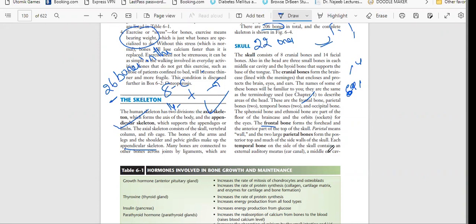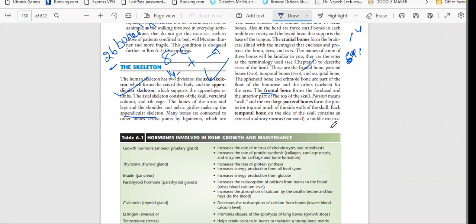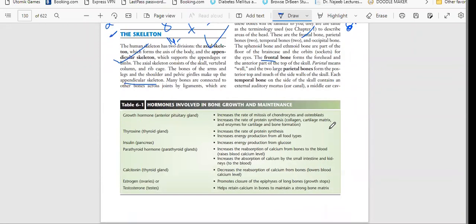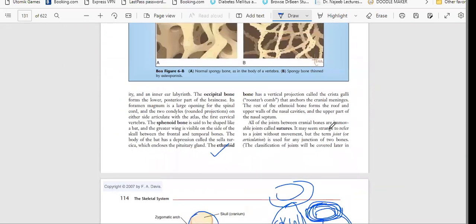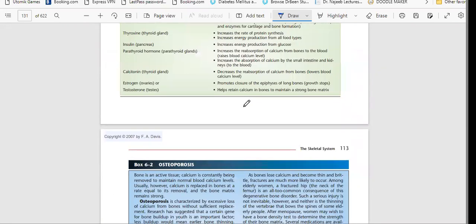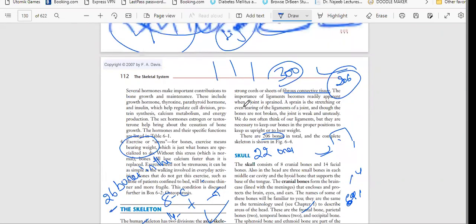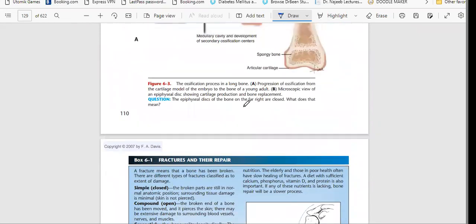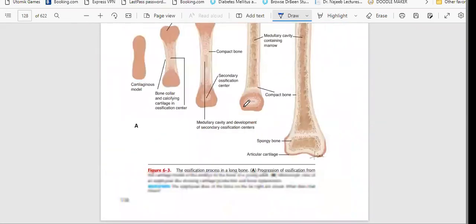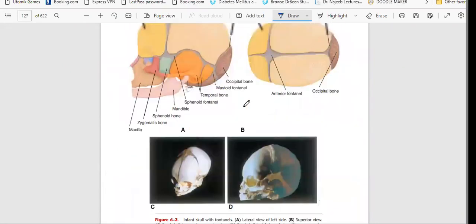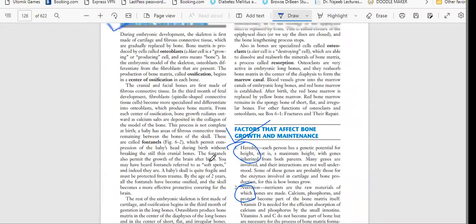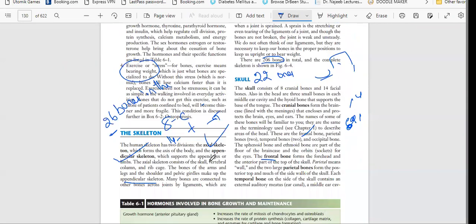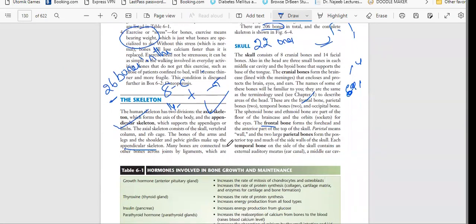The temporal bone, on the side of the skull, contains the external auditory meatus, the ear canal, a middle ear cavity, and the inner ear labyrinth. So what does the temporal bone have?